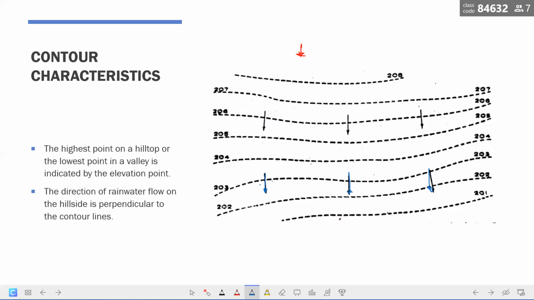If you take all the different points along this line and draw perpendicular lines, you will discover that each point has a different direction, and if you continue doing so, you're going to end up with a nice illustration of how water behaves on your site.